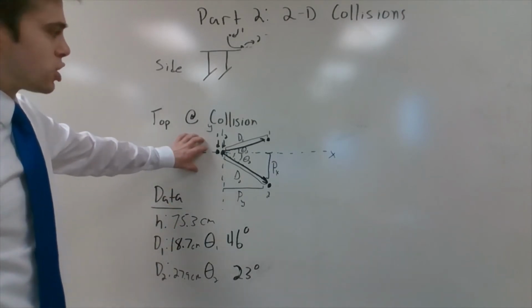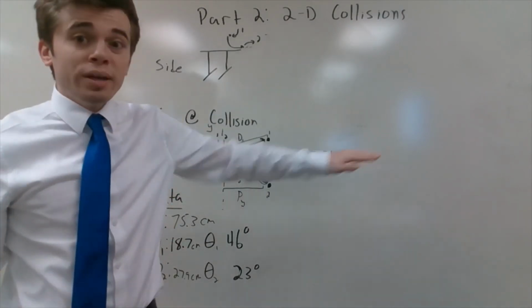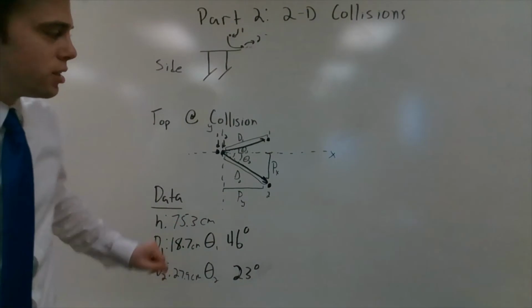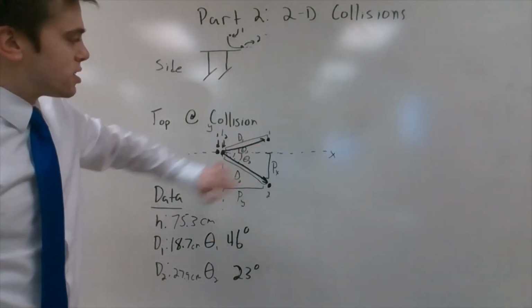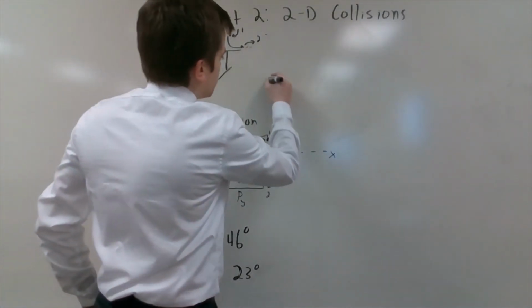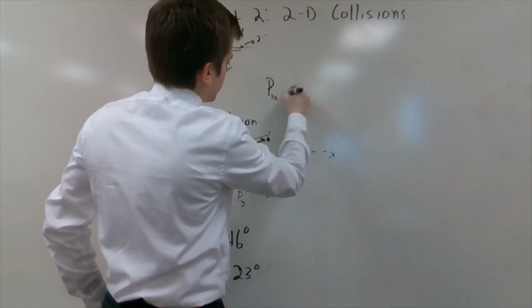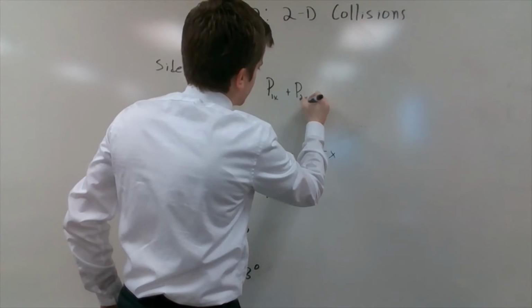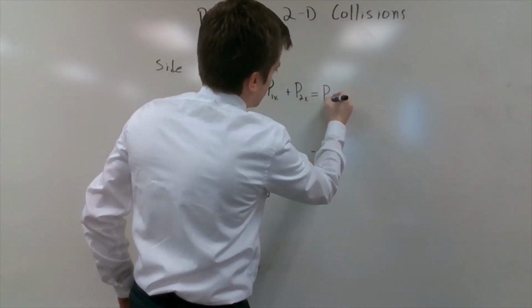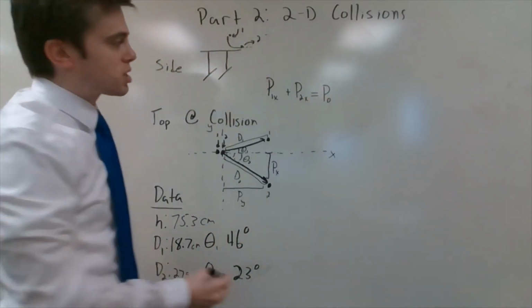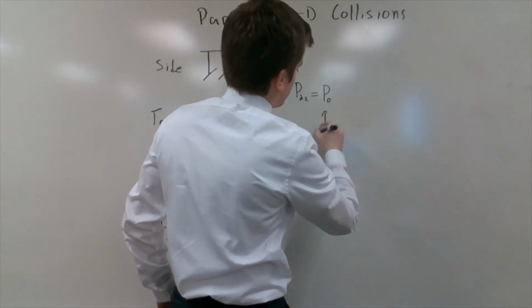Because all of our initial momentum is going in the x direction, we can already say that the final momentum of ball 1 in the x direction, plus the momentum of ball 2 in the x direction, has to be equal to our initial momentum, which is the momentum that we calculated from part 1.